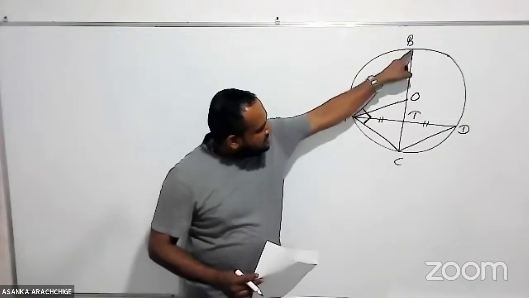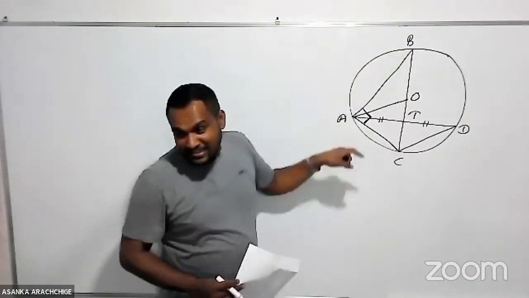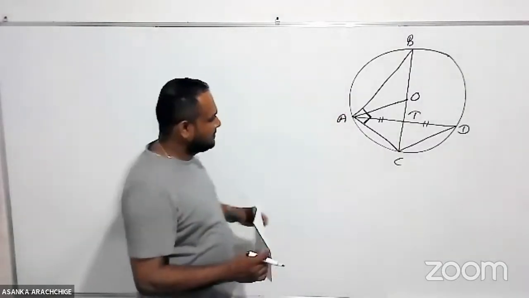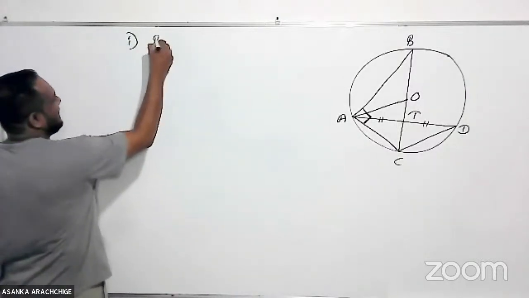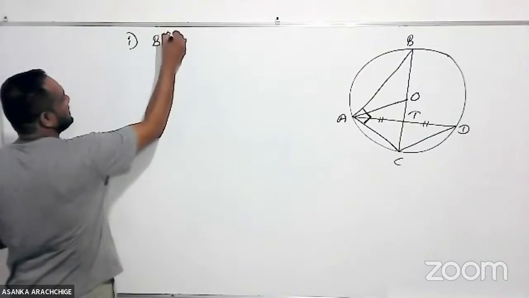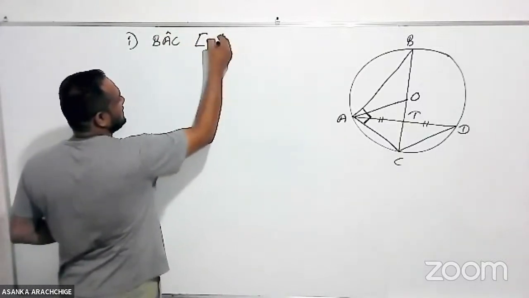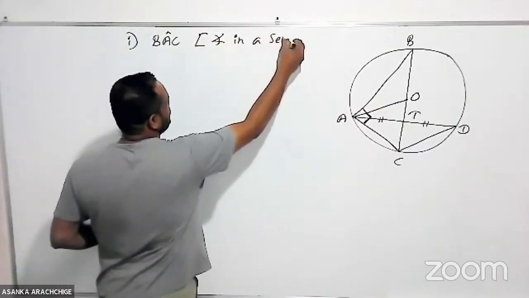This angle is subtended by a diameter. That is an angle in a semicircle. Number one, angle BAC. Reason: angle in a semicircle.